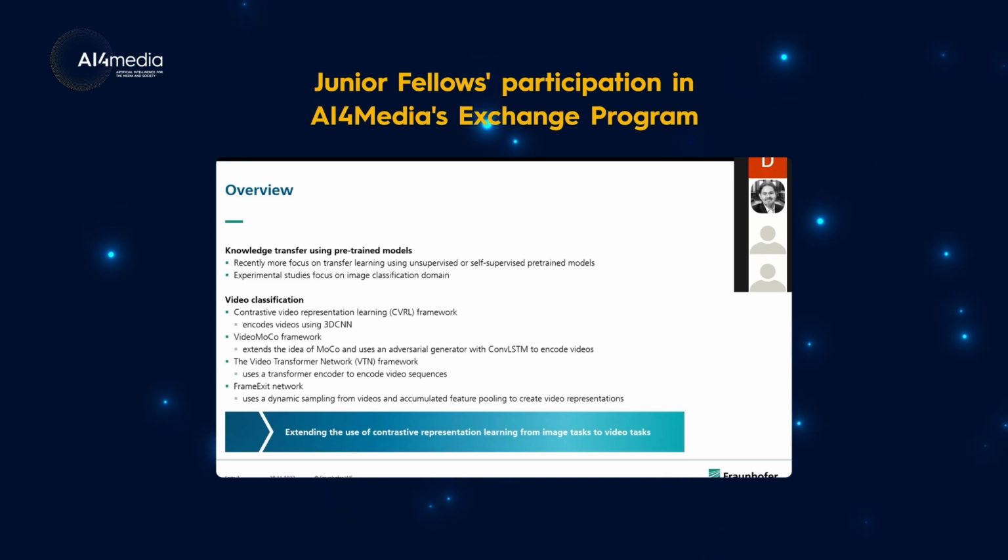As well as that, researchers have also looked into using transformers as a way of encoding multiple frames in a video into one single representation per video, to use it for example for action recognition, video classification, etc. Other approaches, such as the network FrameExit, use some strategy to sample deterministically from the video so that only a few frames, for example 10, are sampled, and then some feature pooling is applied to combine them together and make one representation.